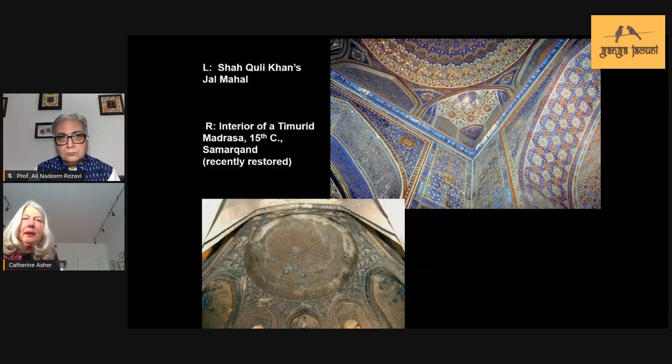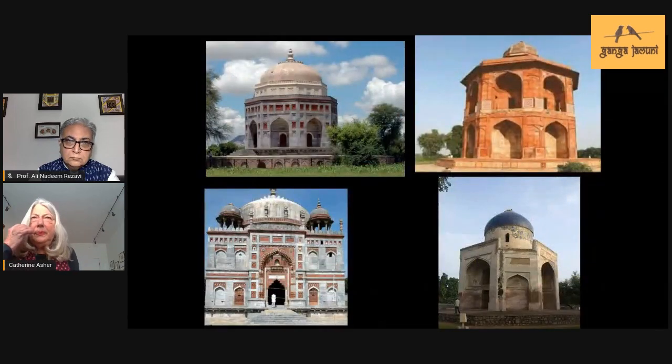He also, oh, I guess I went the wrong way. He also built his own tomb, which you can see here. And the tomb is basically an octagonal tomb. And it reminds us of, for example, the library at the Purana Qila, which we know had been built by Humayun when he returned from Kabul, from Iran.